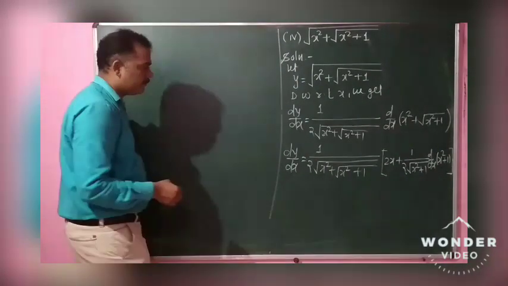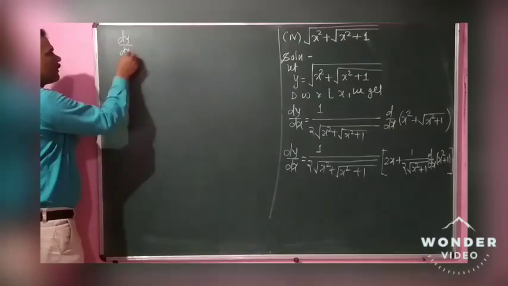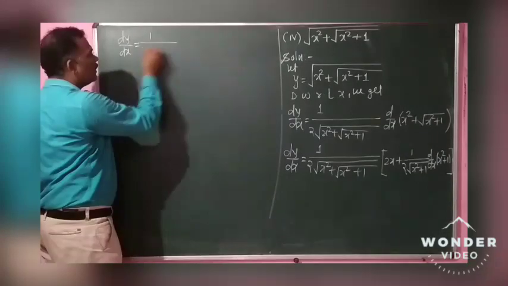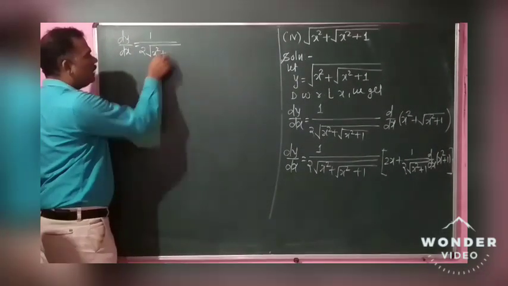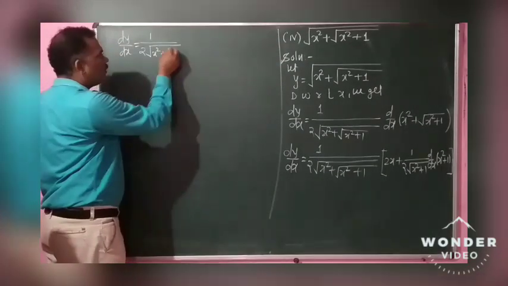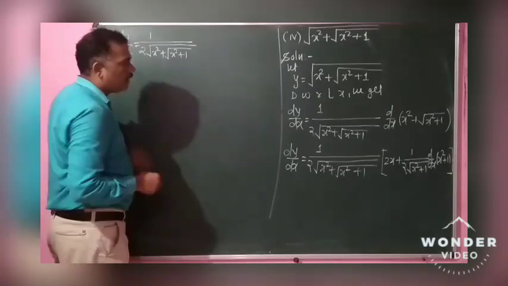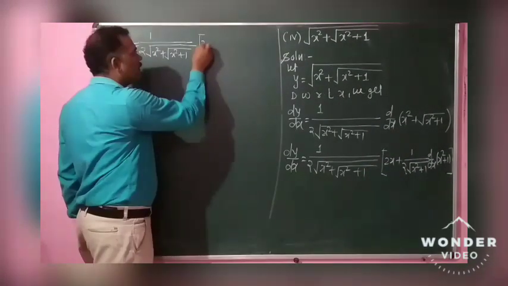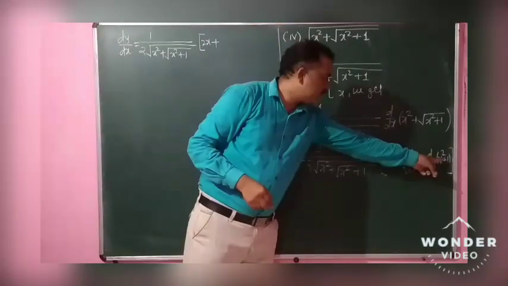What do we get? See here, dy by dx is equal to 1 upon 2 times under square root of x square plus under square root of x square plus 1, okay, into, now see here, 2x as it is, plus, what is the derivative of x square plus 1?